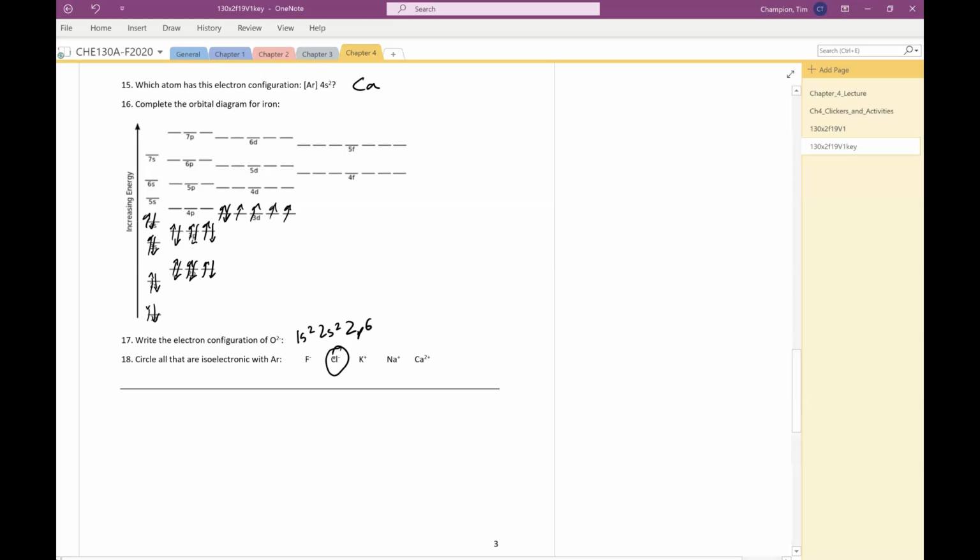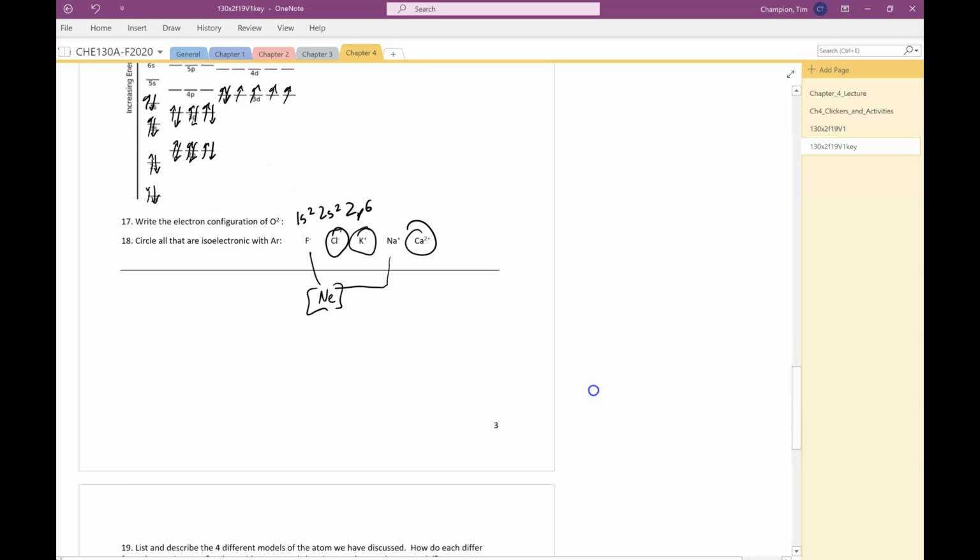The potassium ion is going to be isoelectronic with argon. Sodium and fluorine are going to be isoelectronic with neon. Calcium plus 2 is also going to be isoelectronic with argon for that question.